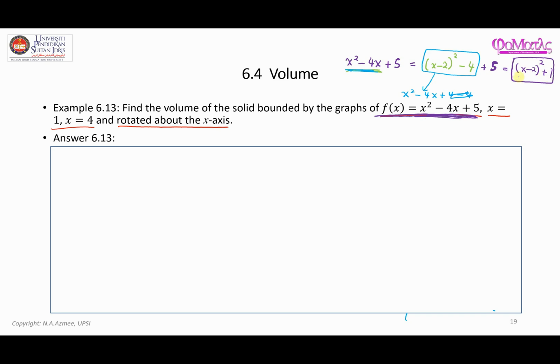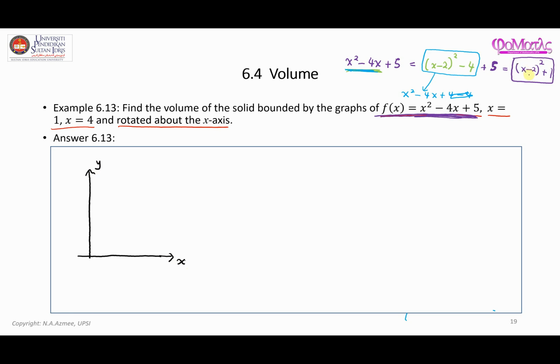Based on chapter 1, you have learned how to sketch a graph like this using the idea of translation. So the graph will be looking like this. Now I'm going to sketch this graph here. This is x and this is y.